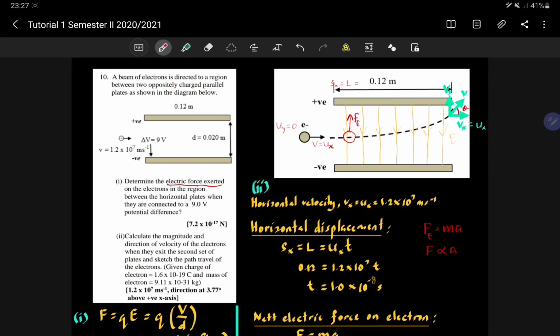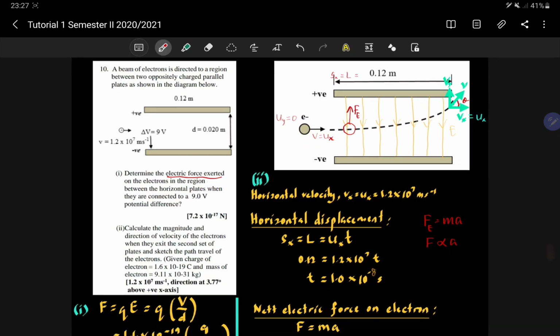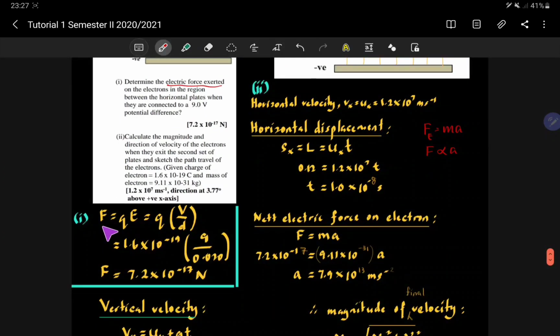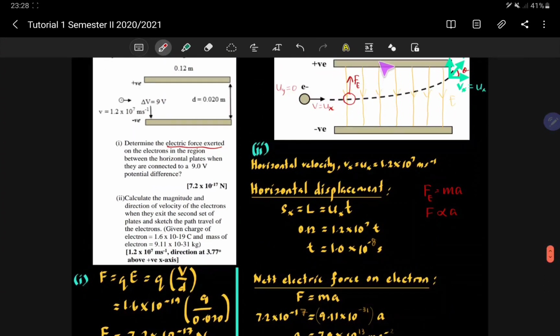First, they ask you to calculate the electric force, based on F equals QE. Q is the charge and E is the electric field. Between two parallel plates, the electric field is V over D, where V is the potential between plates and D is the separation between plates.